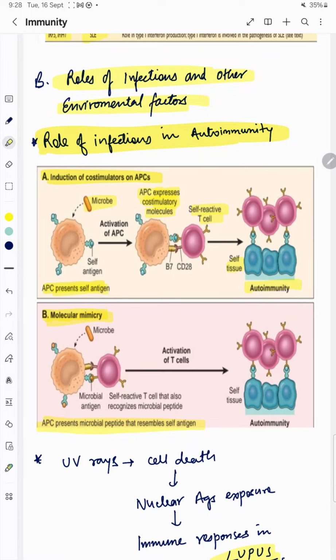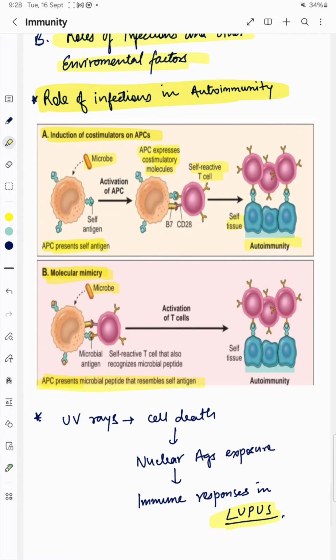Another mechanism is molecular mimicry. Microbes resemble the self antigen. T cells activated against these microbes will result in damage to the self antigen and tissue injury.